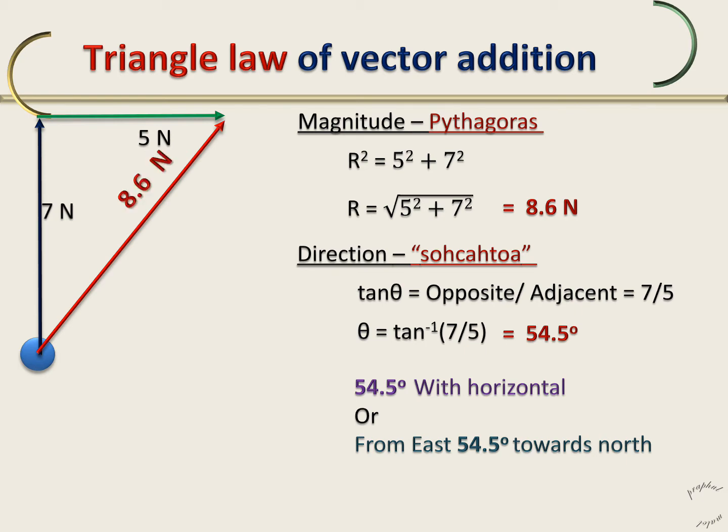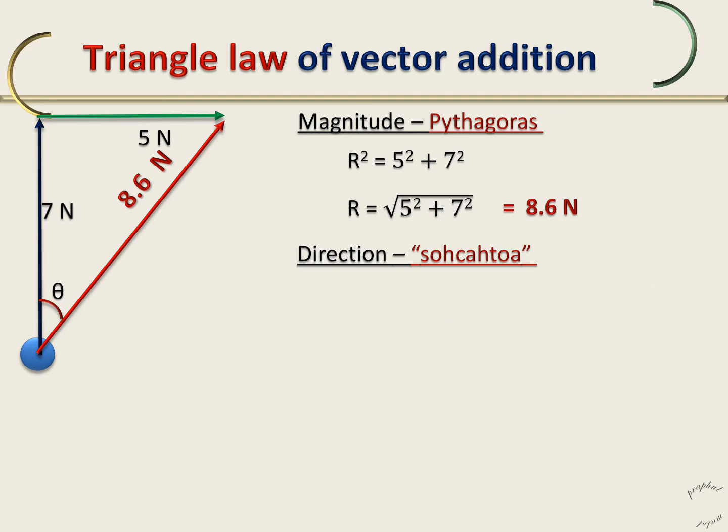The magnitude will not change whether you move the 5 Newton or 7 Newton. The only difference that may appear is, in the previous example, we got the angle with the horizontal, 54.5 degrees. But now we won't directly get that angle. The angle we get directly will be with the vertical. But it doesn't matter, when you do 90 minus the answer you will get it with the horizontal also.